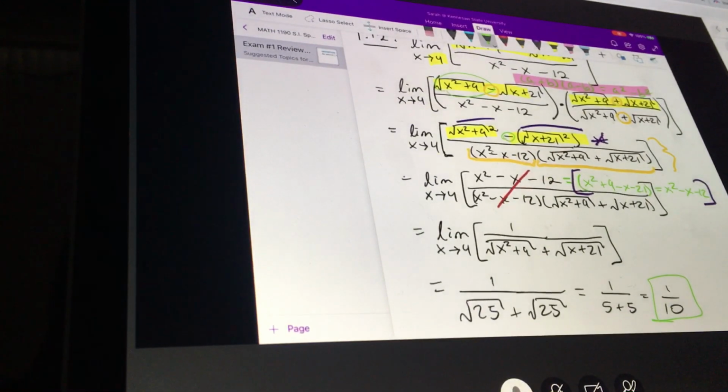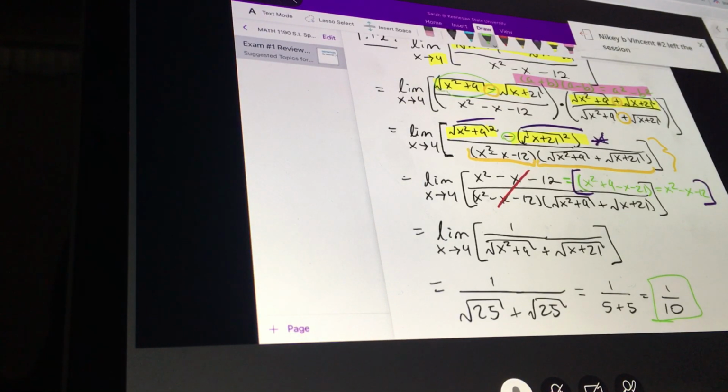What I did should be fine. You do need to show your steps. I mean, honestly, if you went from 1 over the square root of 25 plus square root of 25 equals 1 over 10, I don't think you would lose points.